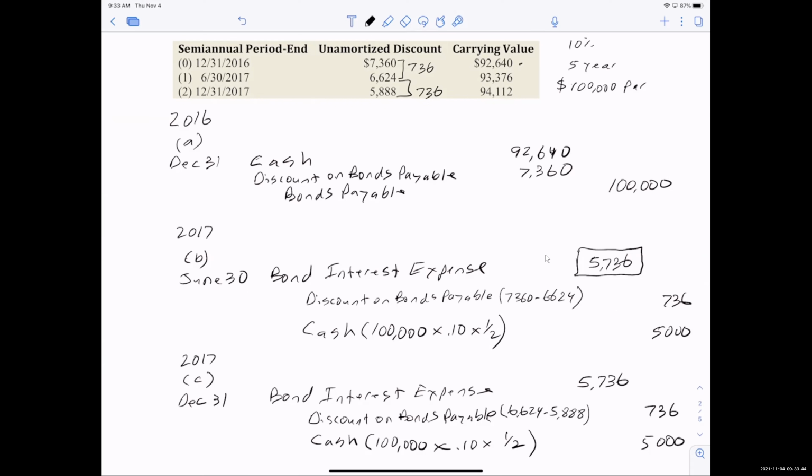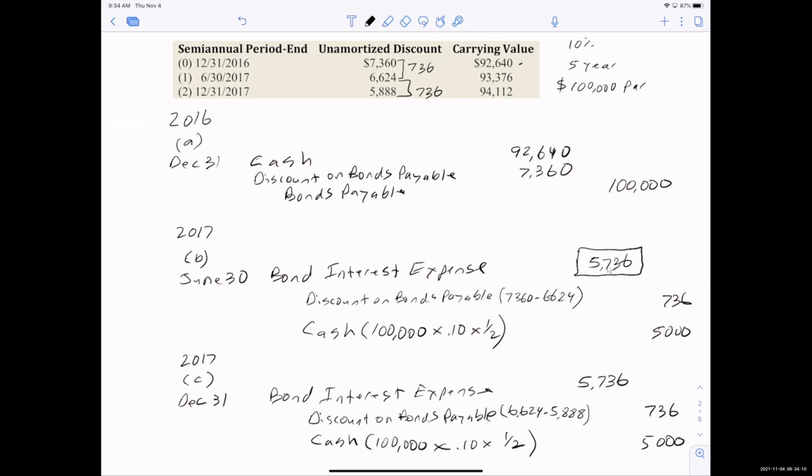So that's bond interest expense of 5,736. Remember, discount will increase bond interest expense, right? Because you have to pay back money you never received. And we don't do it in one fell swoop. We allocate it evenly over the life of the bonds.